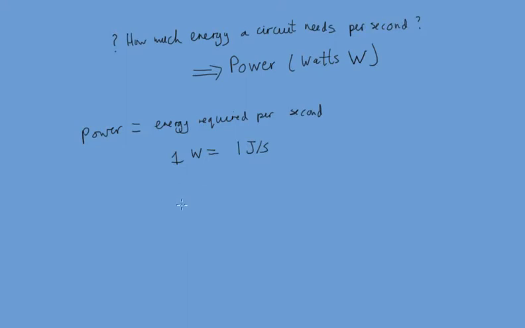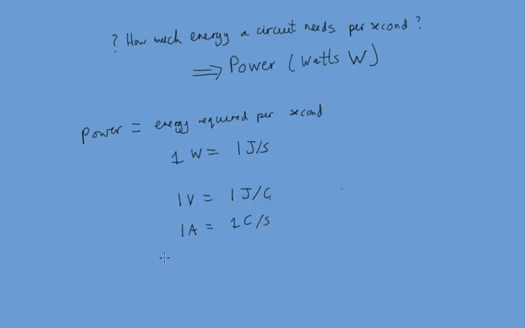Now, we know that the potential difference is measured in volts, where 1 volt is equal to 1 joule per coulomb. So it's like the energy required per coulomb of charge. And we know that 1 amp is equal to 1 coulomb per second.